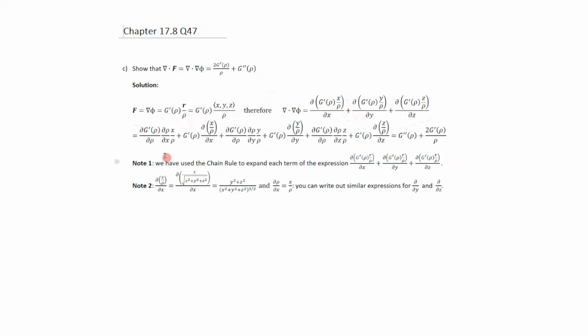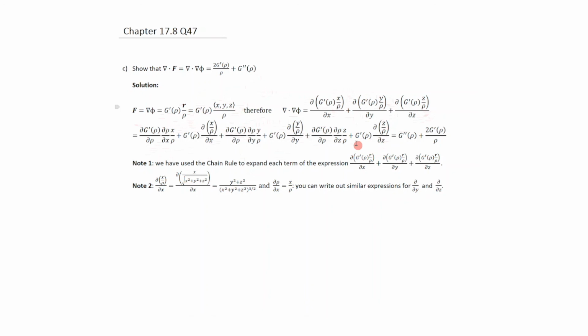For the first term, that is partial x of g prime of rho, first with respect to rho, then with respect to x, times x over rho. Then we take the derivative of this term, keeping this one constant, so g prime of rho, and then d of x over rho dx.